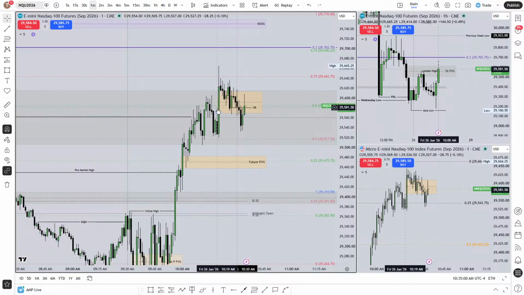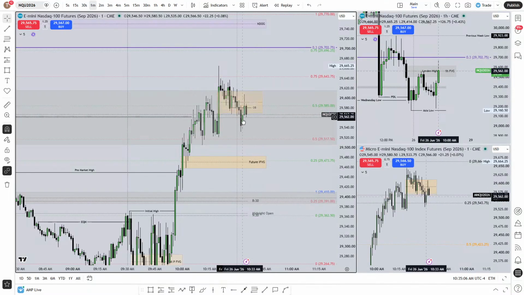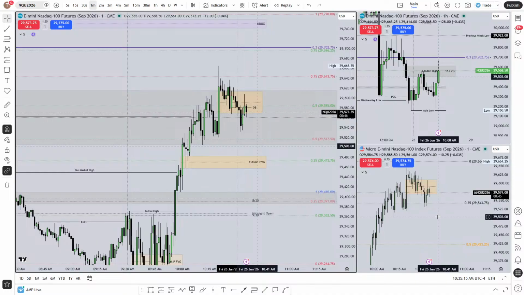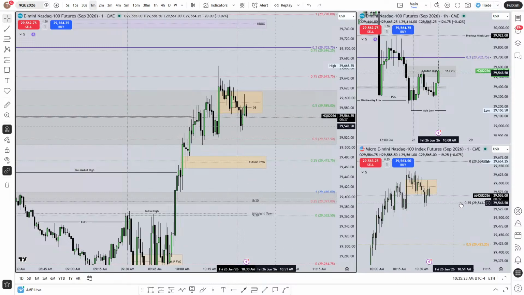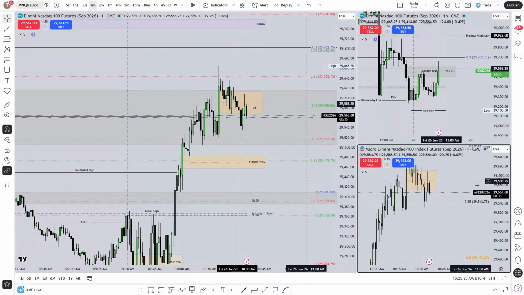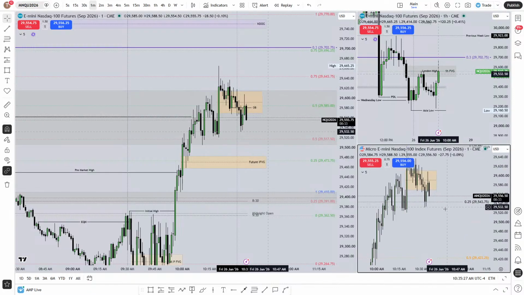So now my eyes are just looking at this whole range again. Still held that midpoint. Now these two up close candles could act as that order block. But look how those bodies held the upper quadrant of the first hour dealing range.